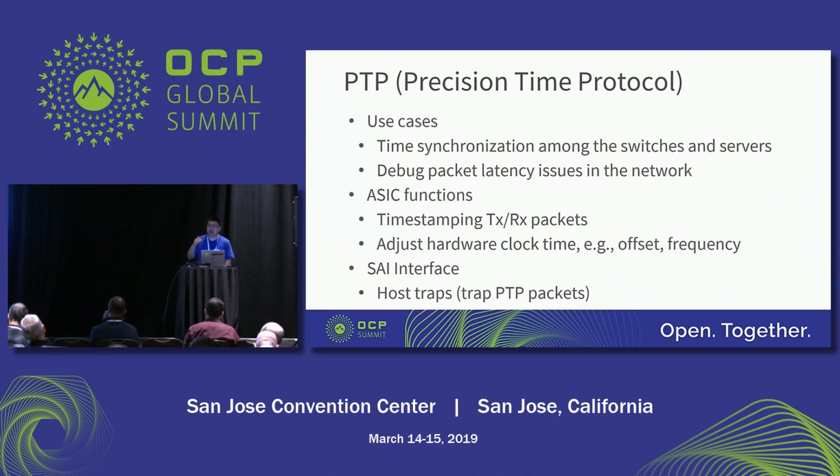And on the SAI interface, we define the traps to allow us to enable PTP on the ASICs and also get the hardware timestamp from the ASICs. Next, I'm going to describe how PTP works in the context of SAI and the NOS.